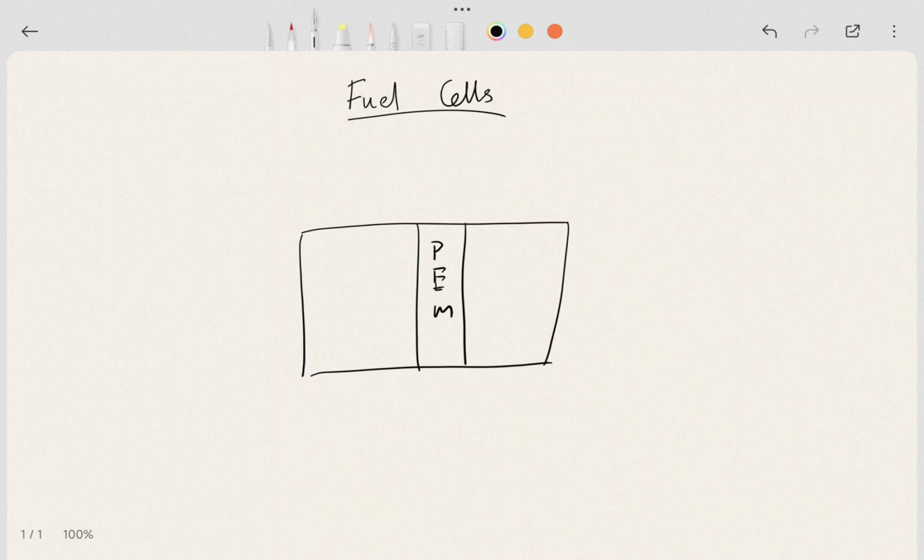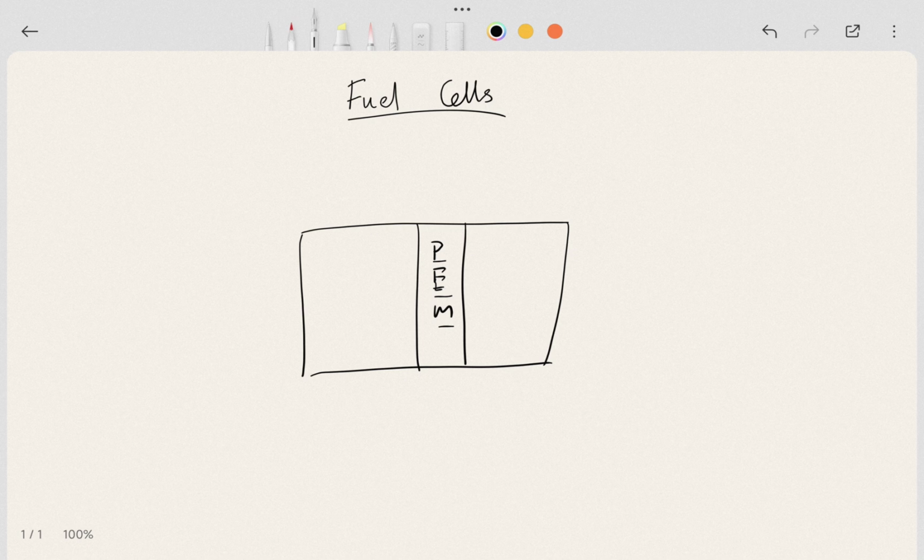Actually, I forgot the exact name. Oh yeah, proton exchange membrane. Yeah. So P stands for proton, E stands for exchange, M stands for membrane. So essentially what happens there is it is a semi-permeable membrane, meaning that protons can pass this membrane and other particles can't.